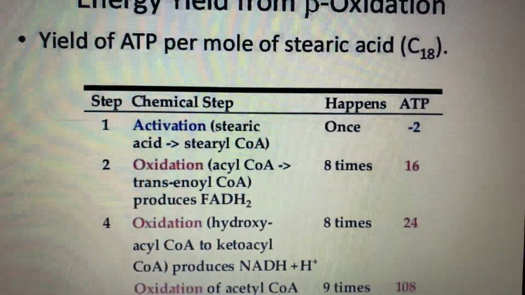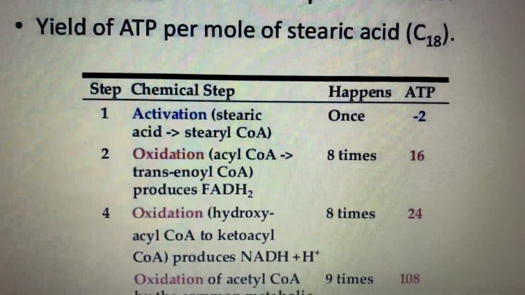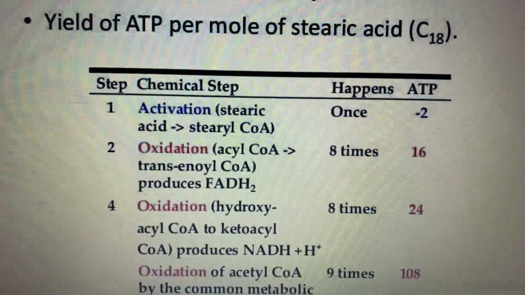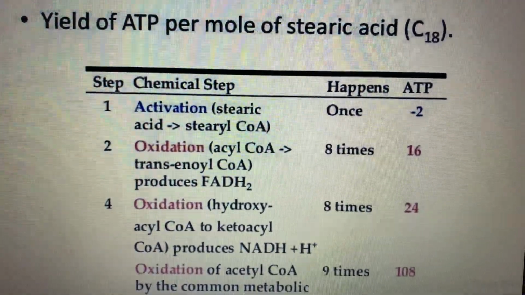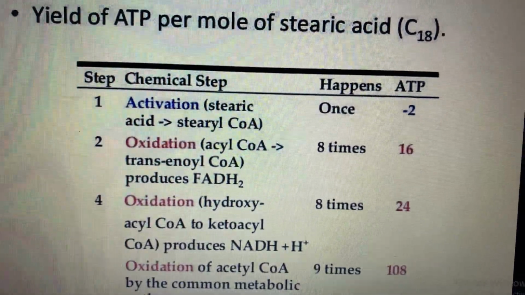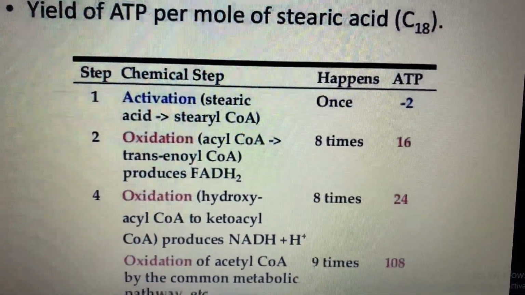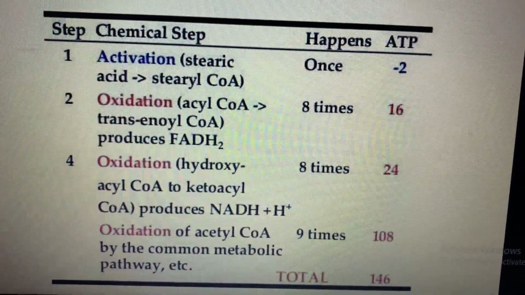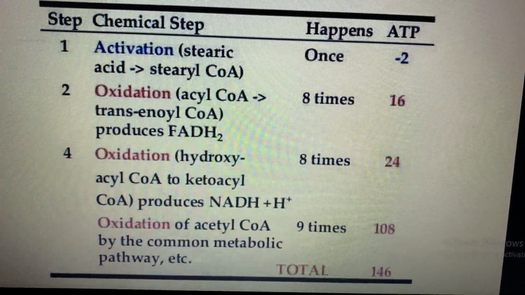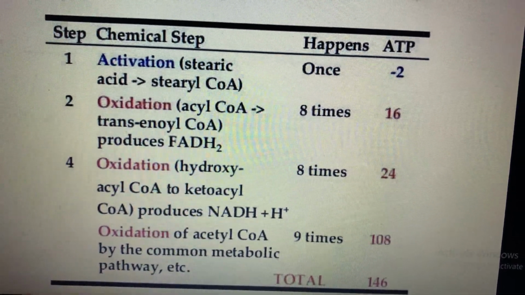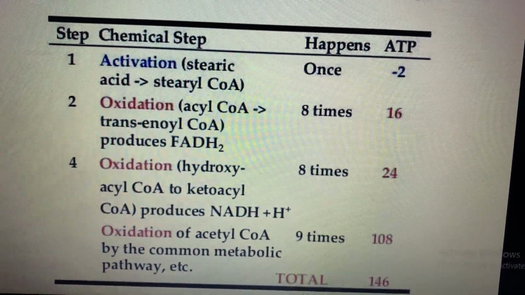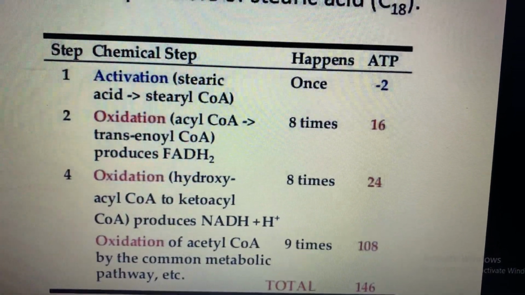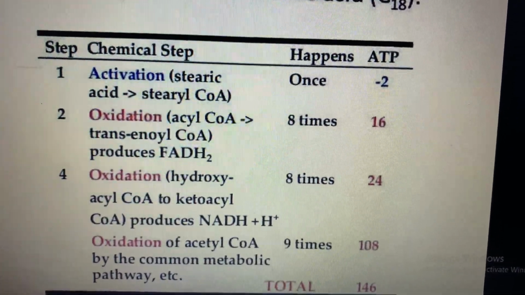In the next step, oxidation and the production of FADH2 occurs about 8 times, and 16 molecules of ATP are produced thus. Similarly, in the next step, oxidation of hydroxyacyl coenzyme A to ketoacyl coenzyme A produces NADH and H positive ions, and it happens around 8 times, and 24 ATP molecules are produced.